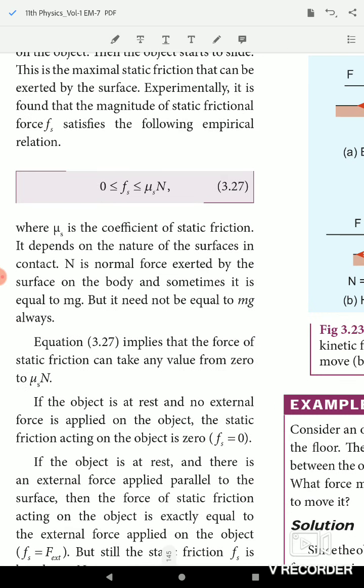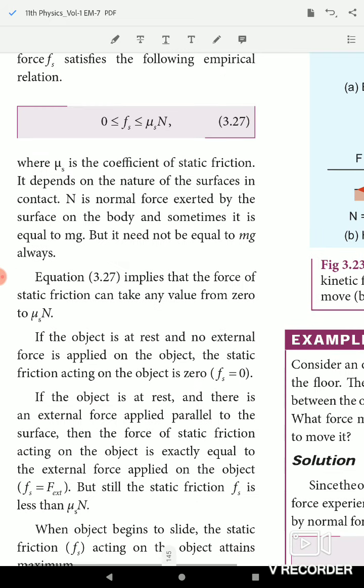The coefficient of static friction depends on the nature of the surfaces in contact. The normal force need not always be equal to mg. The force of static friction can take any value from 0 to μs N.